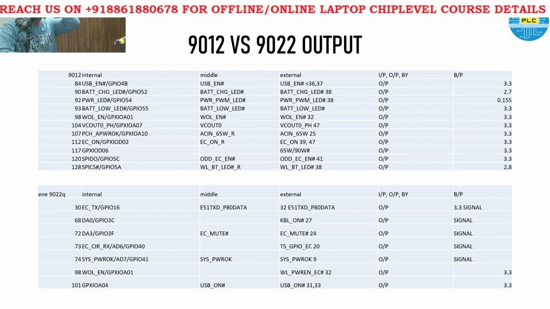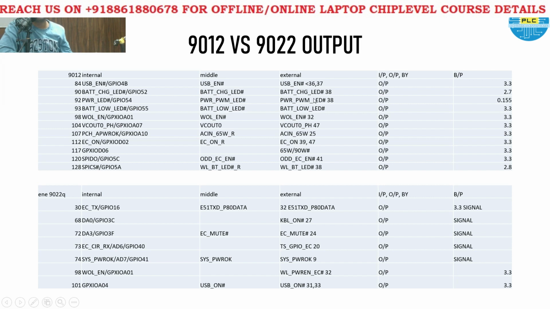Once again, it depends on the motherboard; I'm giving general information. In 9012 the output paths are these: USB enable, battery charge LED, power PWM LED, low LED, battery low LED, WOL wireless enable, thermal trip, and 65 watt AC in information.